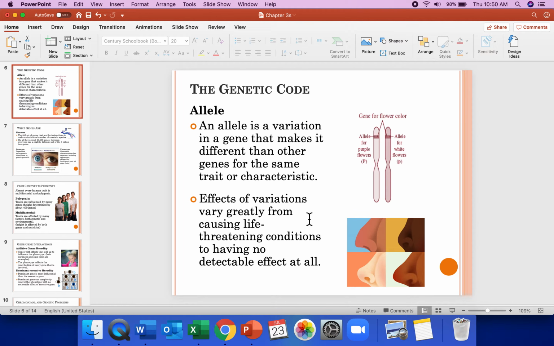The effects of the variations will vary, because if I have a gene that is simply a different shape of the nose, that's not a big deal. I just have a different shaped nose.